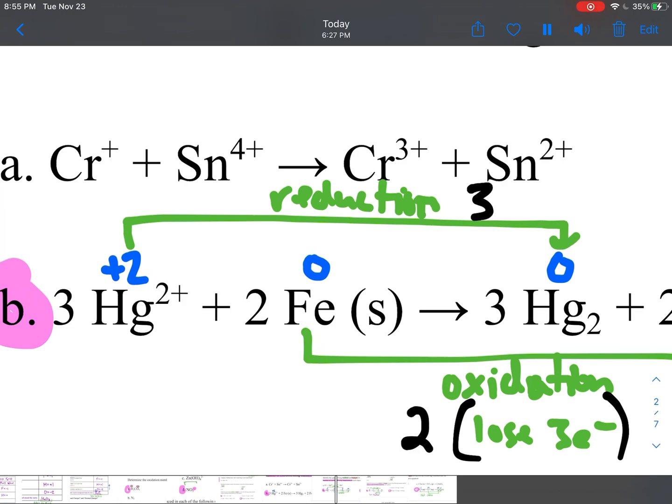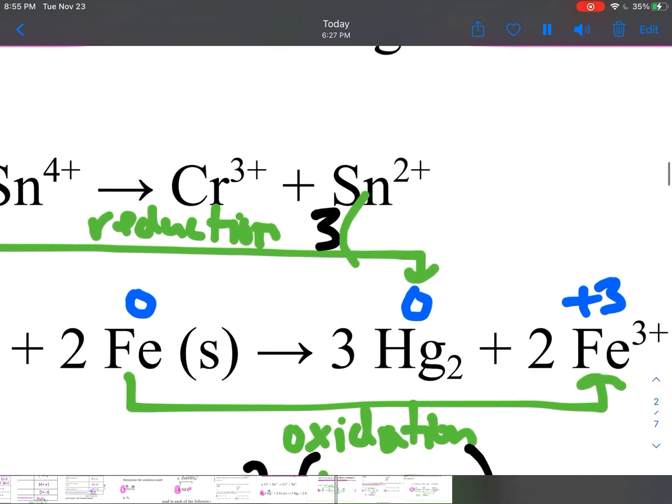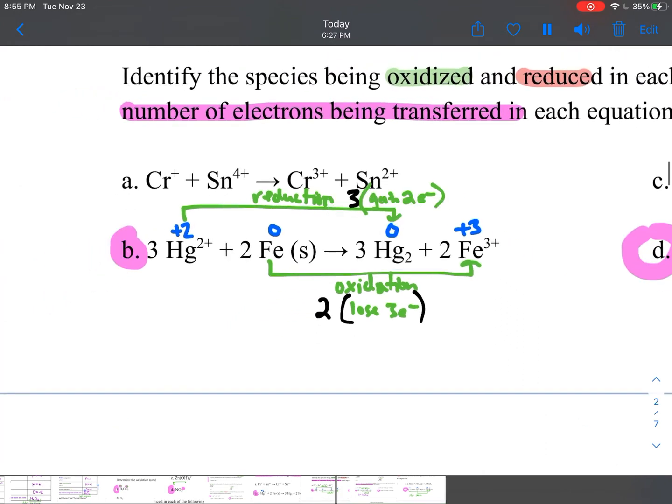So we have 3 mercuries, and each of the mercuries is going from +2 to 0. Therefore, it's gaining 2 electrons. And so in total, we have 6 electrons being transferred.